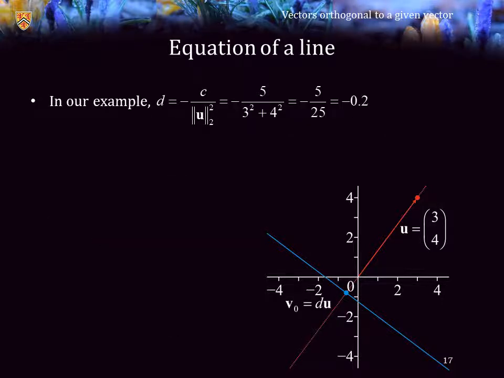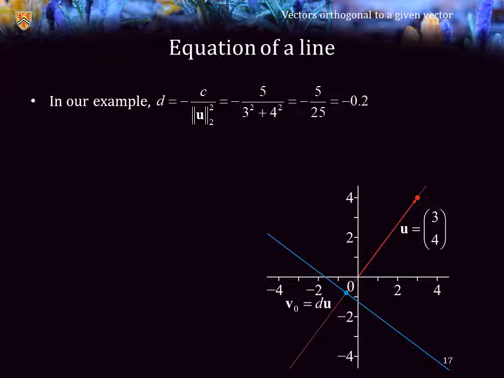Now, in our example, we can therefore find that d is equal to negative c over the 2-norm of u squared, and that's just equal to negative 5, because c was equal to 5, over the 2-norm squared of u, which is just 3 squared plus 4 squared. That is negative 5 over 25, which is negative 0.2.